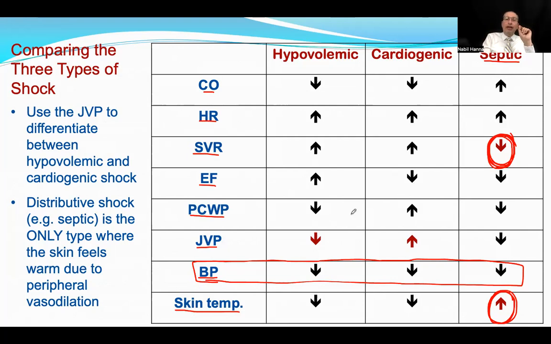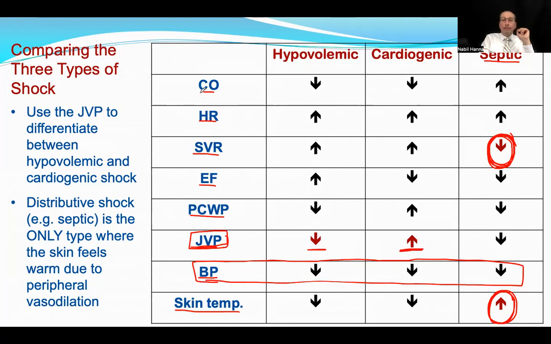Look at the neck veins. Look at the jugular venous pressure. If the neck veins are collapsed, if the jugular venous pressure is low, that's hypovolemic shock. Give them normal saline. But if the jugular venous pressure is elevated, that's cardiogenic shock. Okay, the standard neck veins.